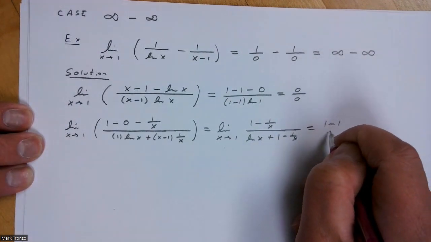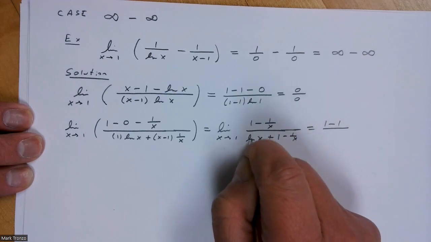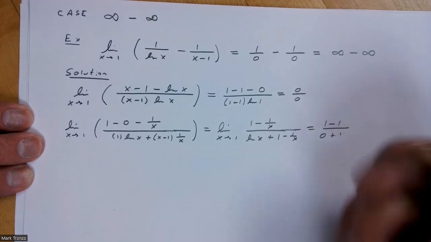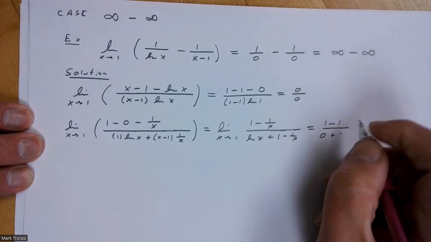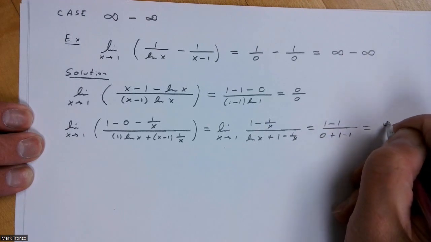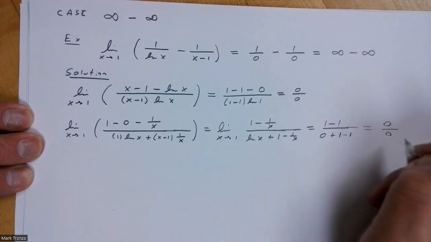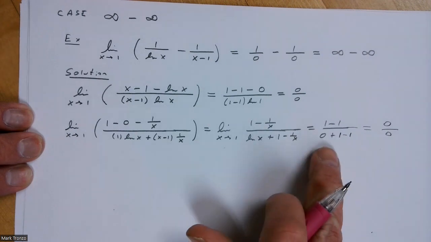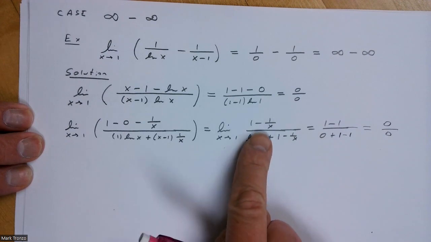We have 1 minus 1. Log of 1 is 0. Plus 1 minus 1, which is 0 over 0 again. So we're going to have to apply L'Hopital's rule again.